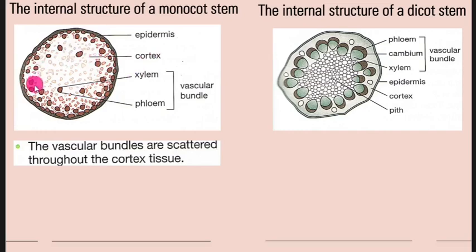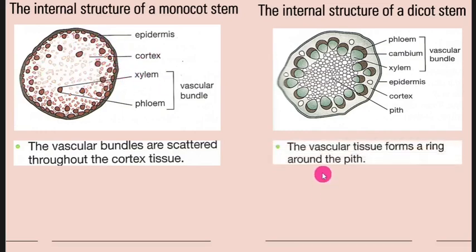This cortex. All right, but when it comes to the internal structure of a dicot stem, the vascular tissue forms a ring around the pith. So this vascular bundle here has formed a ring around the pith. So inside here there's the pith, and these have surrounded it nicely to form a ring.